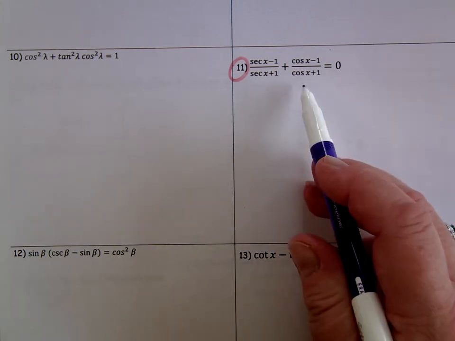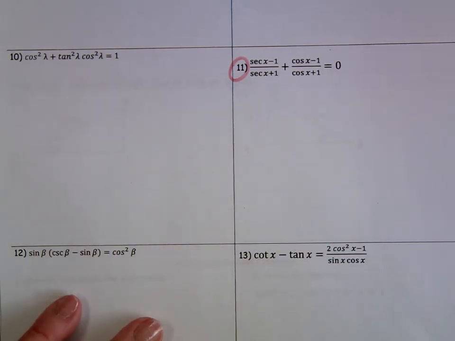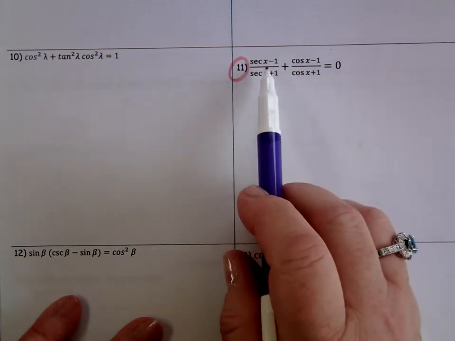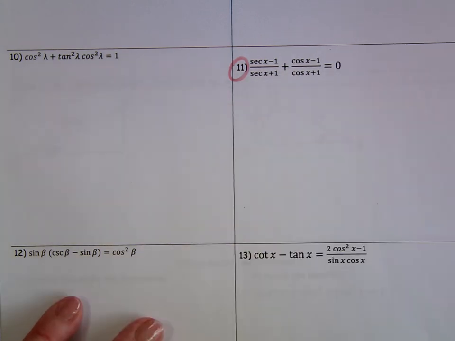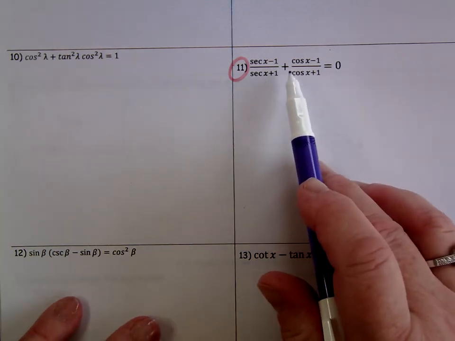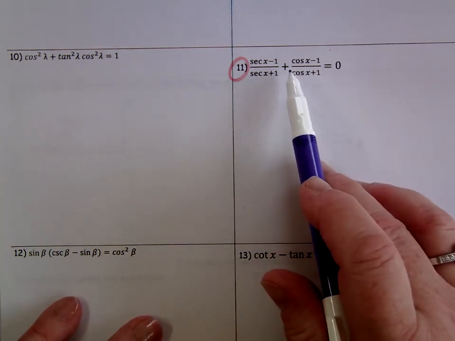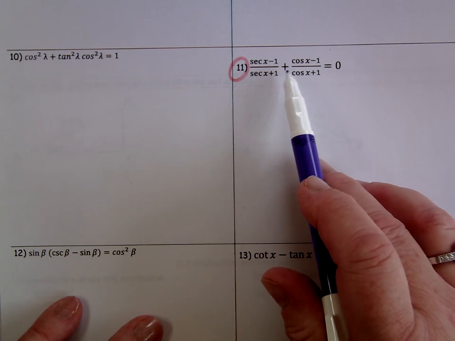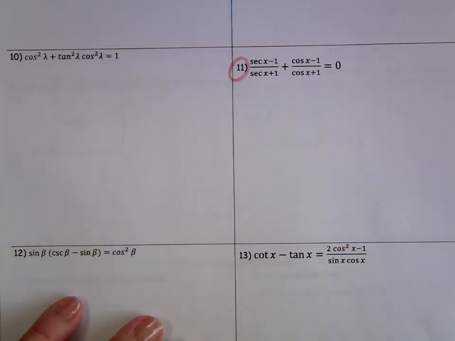This is the one though that I want to look at, because again, I need a common denominator. There are no Pythagorean identities that I can use with this. I could go to sines and cosines, which is where we're going to go eventually, or maybe not. Maybe there would be an easier way. By the way, there are lots of different ways you can approach these, and any one could be correct.